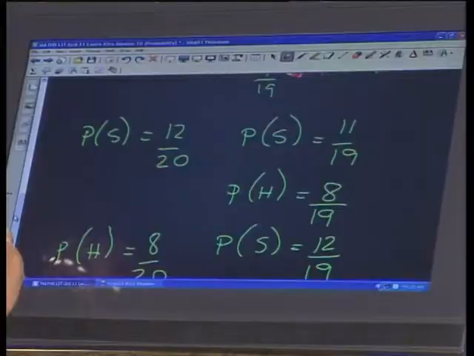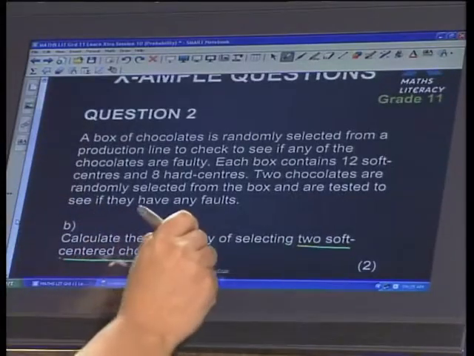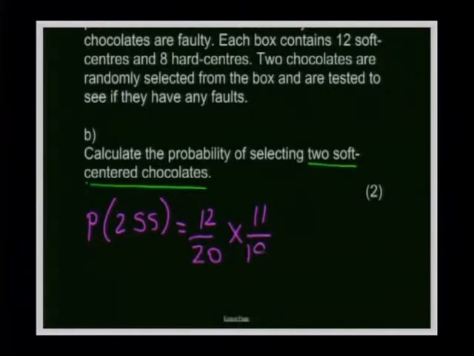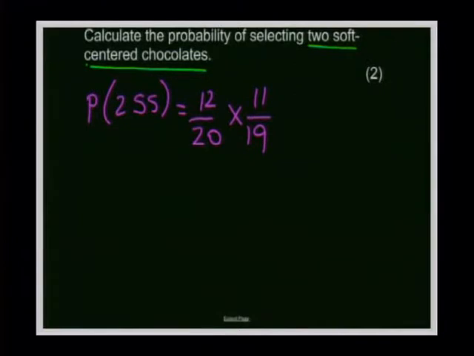So let's go and write that in. So my probability of 2 soft-scented is now the first event was 12 out of 20 that we got from our branch of our tree, and the second event was now 11 out of 19. And now we're going to need a calculator to work that out.